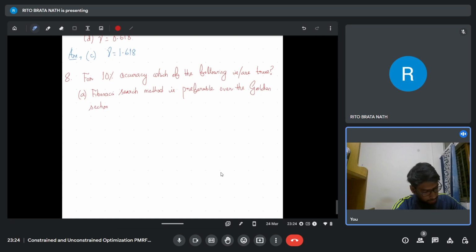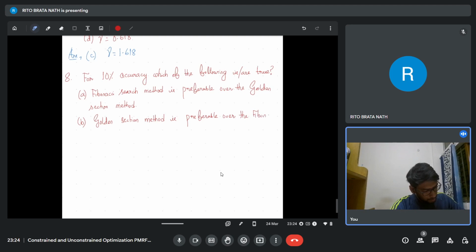Option B is golden section method is preferable over the Fibonacci method.